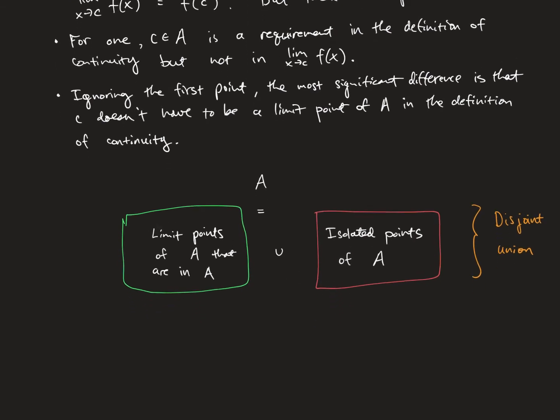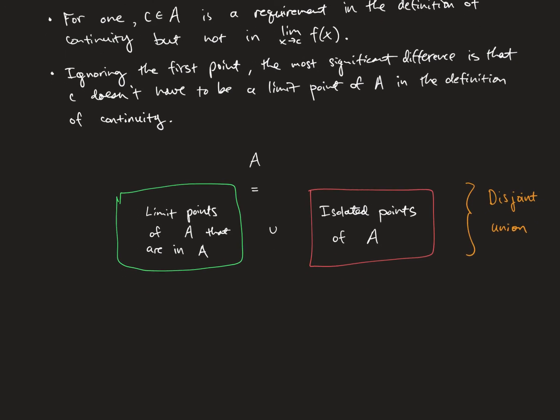So let's look at what continuity means for these different types of points of A. So let's say we have C in this set here.